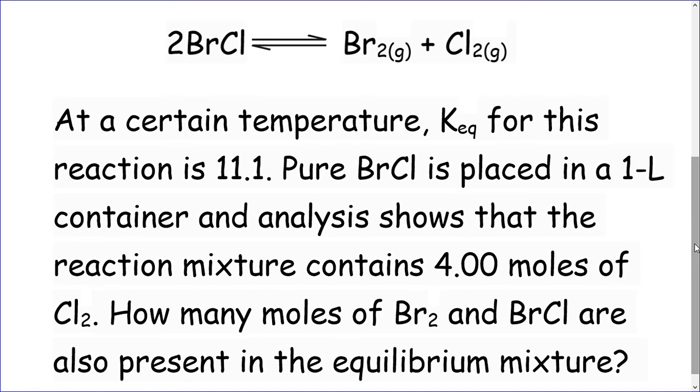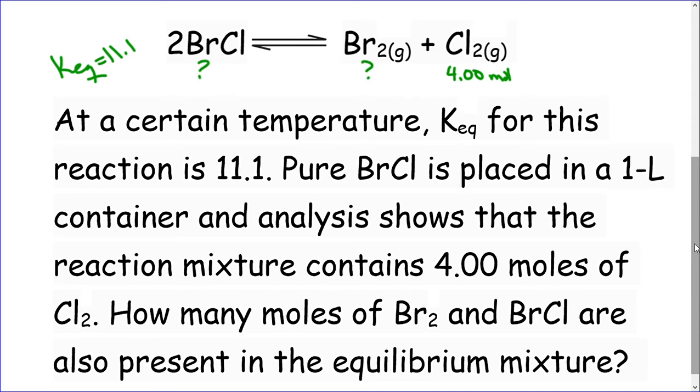All right, so with this one, we have this container that has 4 moles of Cl2. And so we know that we have 4 moles here. And from the last question, hopefully you're able to infer that we have a KEQ value, a final value of 11.1. And I don't know what this is, and I don't know what this is.